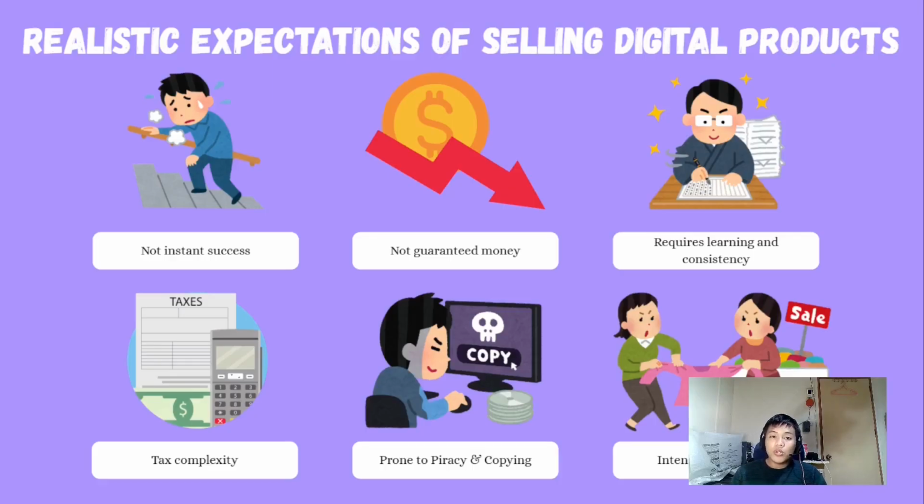Fifth, it is prone to piracy and copying. And yes, it is actually a norm when selling online, because there are a lot of people who want to copy your digital product. It is unavoidable, inevitable, and something that you can't control. And the last one is intense competition.